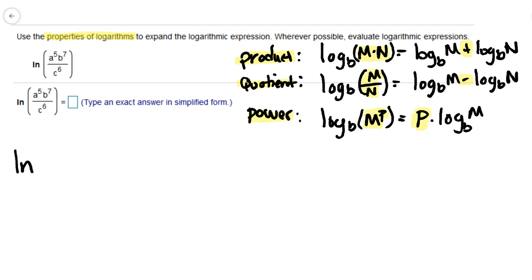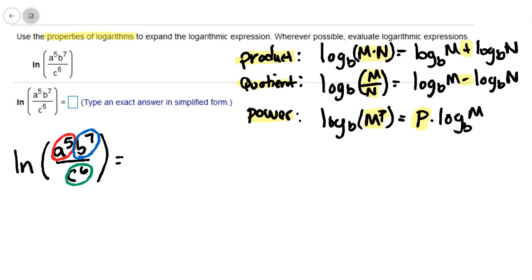So we have natural log a to the 5th, b to the 7th, over c to the 6th. The first thing that I like to do is recognize the individual factors. So we have a factor of a to the 5th, a factor of b to the 7th, and a factor of c to the 6th.